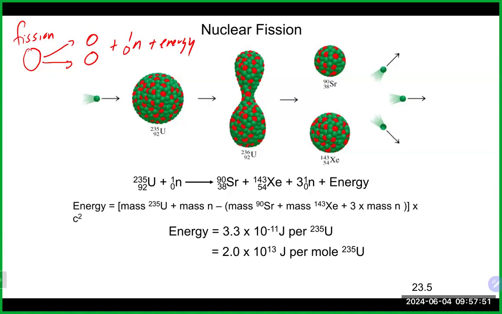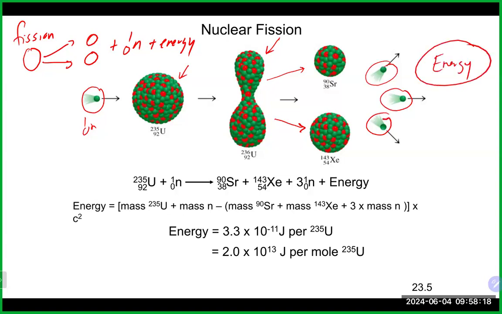You can make this happen by shooting a particle. So for example, if we shoot a neutron at a uranium-235, it will become unhappy, like a bowling pin, and then it will separate into two new nuclei. Like I said before, it will also generate several neutrons in the process and usually a lot of energy associated with that as well.